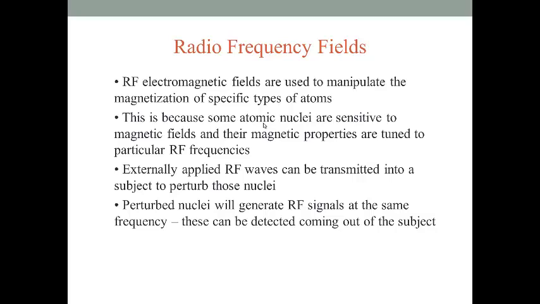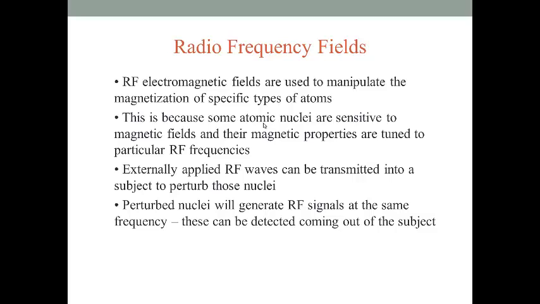Let's first explain the radio frequency fields. Just now we said we need the electromagnetic fields from outside to manipulate the magnetization of specific types of atoms, not all of the atoms, because some atomic nuclei are sensitive to magnetic fields. Their magnetic properties are tuned to a particular frequency.